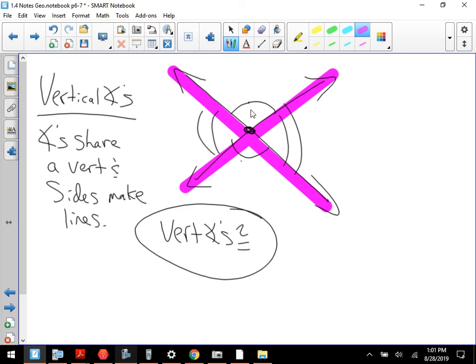For example, if this spot is the midpoint of this section, the whole thing, what do you know about the two smaller parts? They're the same. That means they have to be equal. Okay? Same thing, if this point is the midpoint on the other side, these two have to also be the same as each other.